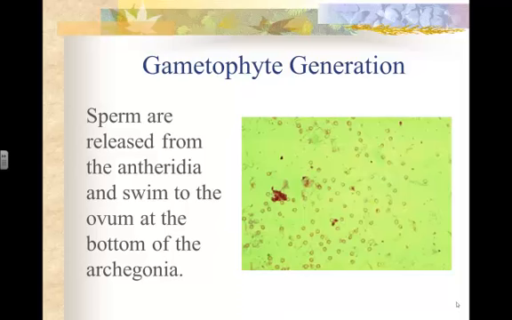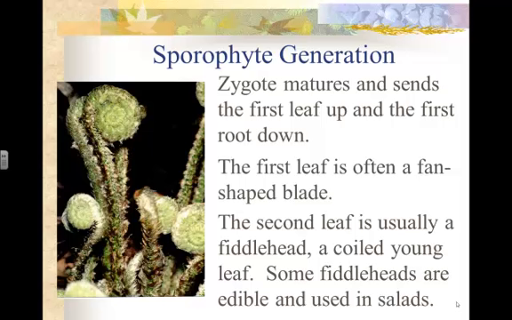a zygote. And the zygote, when it develops, it sends out the first leaf, which doesn't really look like a fern. But the second leaf is the beginning of the production of the fronds. And they're called fiddleheads. And you can see, look at the shape of them. They look like the end of a fiddle.